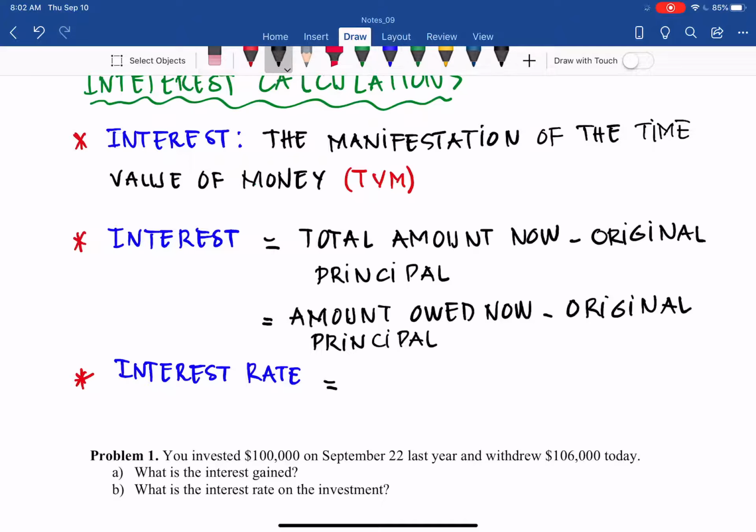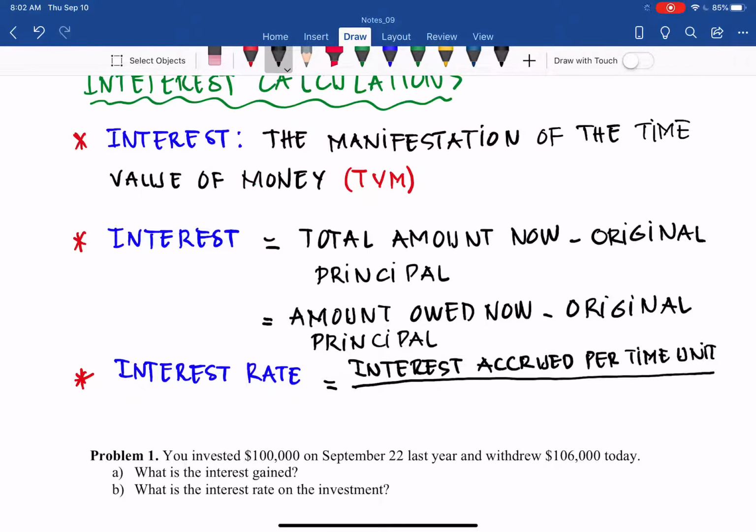And for the rate, it is equal to the interest accrued per time unit over the original amount that you owe or you lend.